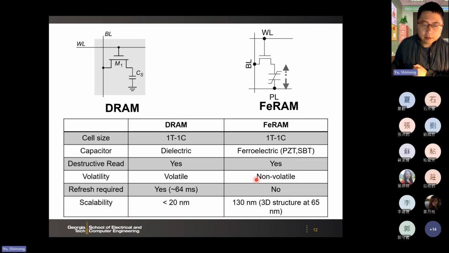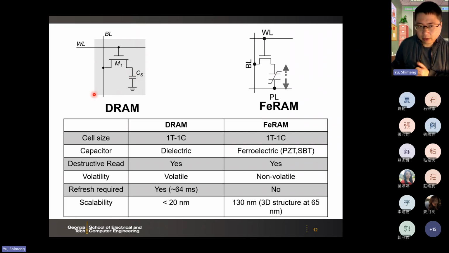So it's very similar, but there are some differences. First, this is non-volatile memory, because we have the ferro behavior. However, the read is still destructive. That means every time we read, we have to write the data back, because every read will destroy the data. So it's an active write back for FeRAM.